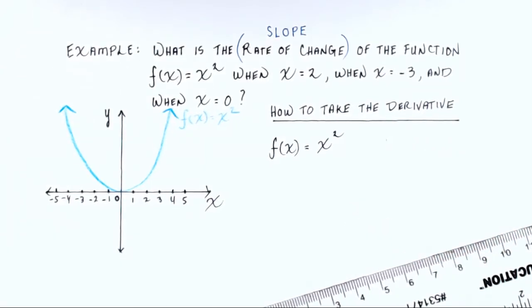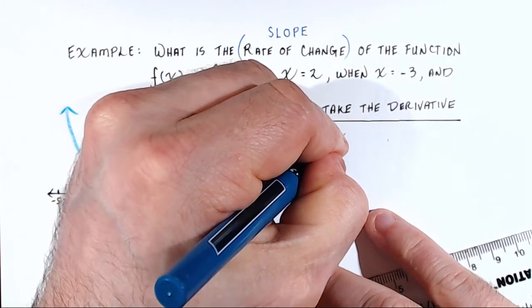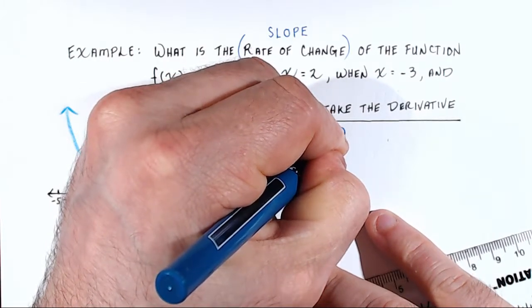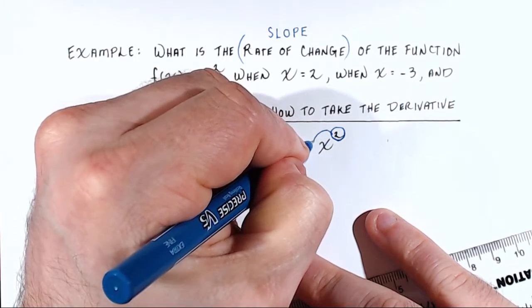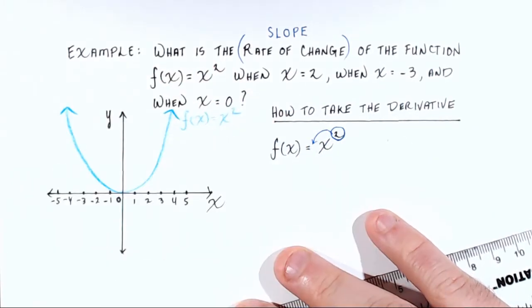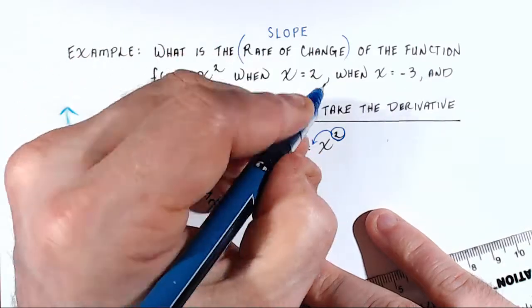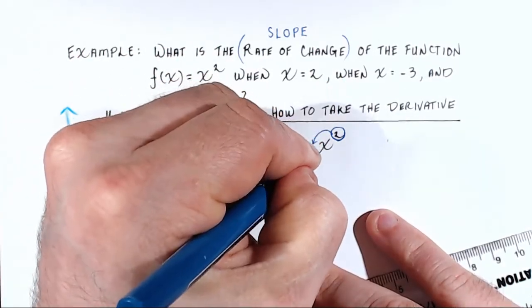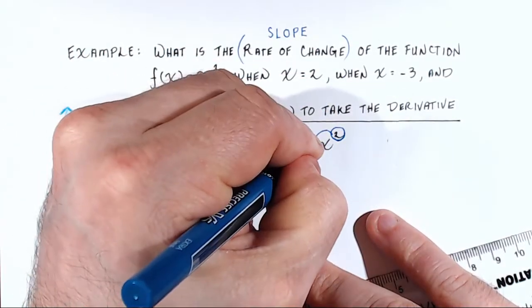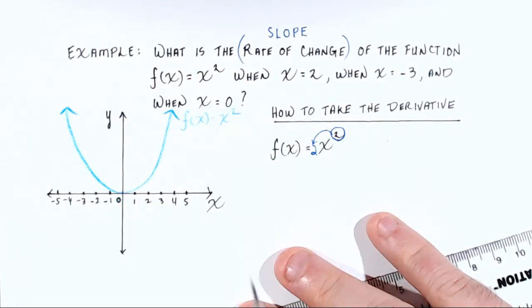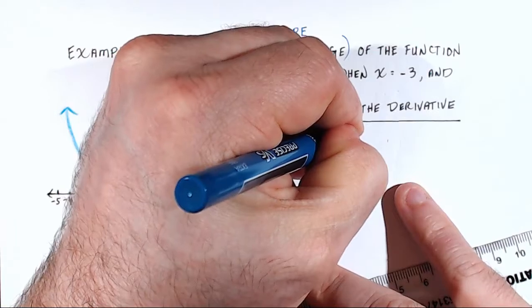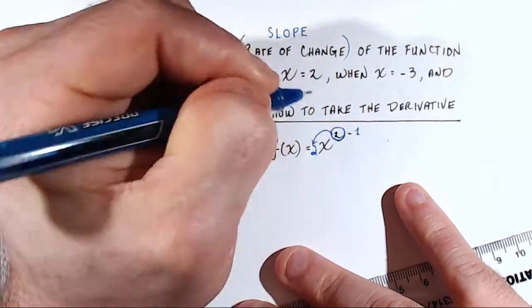The way you take the derivative is to look at the exponent. It's 2. And you pull that exponent down right there, and that becomes a 2 right there. You put a 2 right there, and that's multiplied by x, and then you come up to the exponent and you subtract 1.